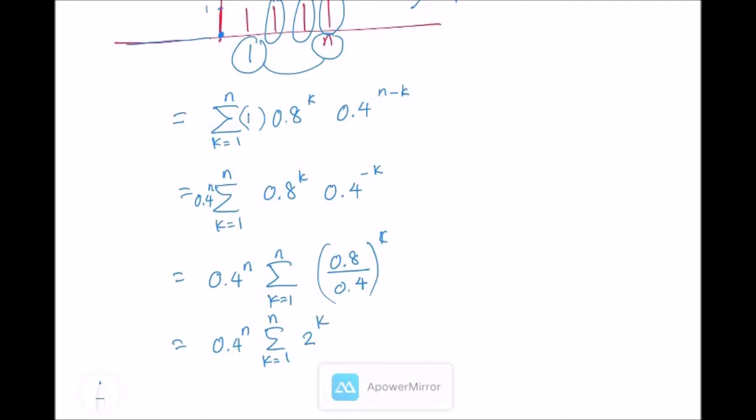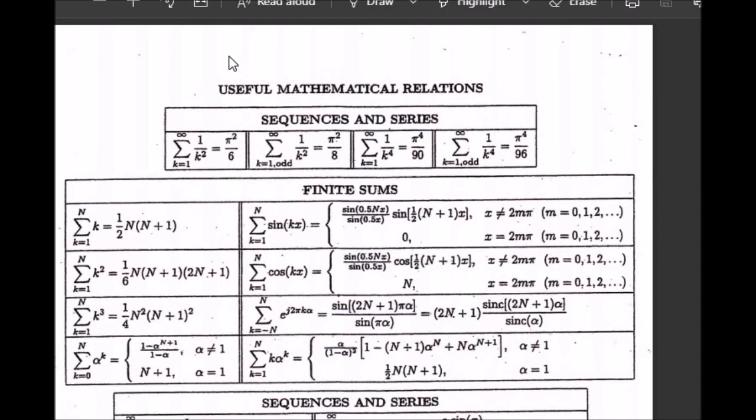So how to solve this one? You can refer to the finite sum table. This is a useful mathematical relation table. You can look for the same equation. Which one is more suitable or similar to your case?